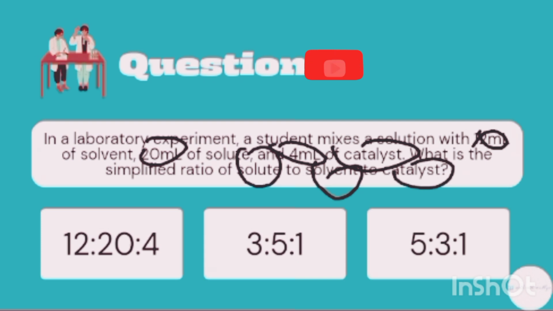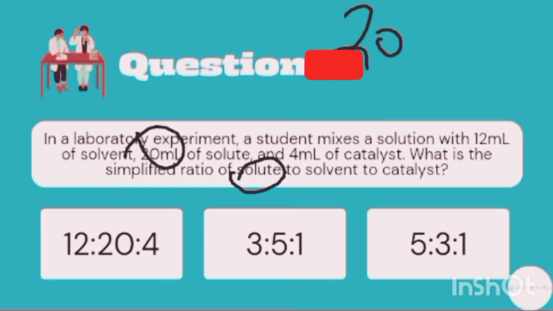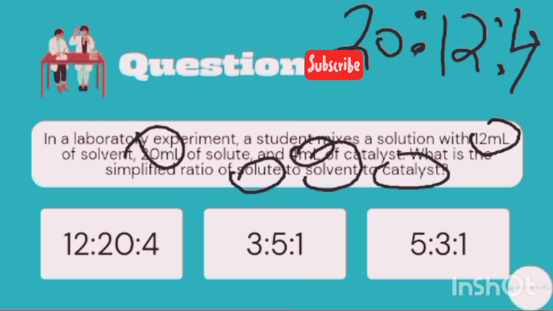The first word they use here is solute, and the number of solute we have is 20, so we write 20 ratio. Then they use the word solvent, and the amount of solvent is 12. Then at last they use the word catalyst, and the amount of that is 4.